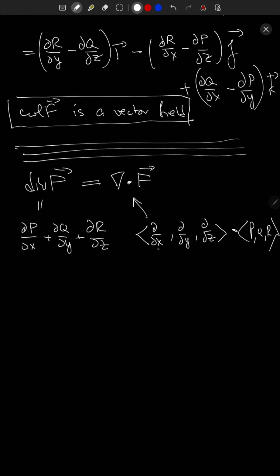And anytime you have a d/d-whatever interacting with a function, you just take the derivative, right? So dp dx, dq dy, dr dz. Okay, so if you think about it in this way, this notation is really nice in that it helps you remember what the divergence is. So super common, especially in physics classes.